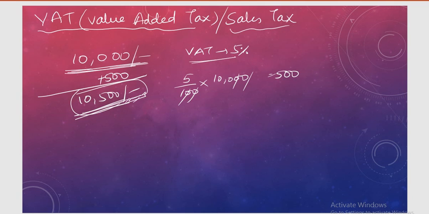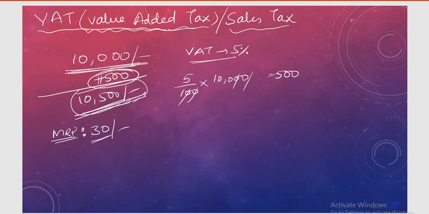Whether it is an electronic good or any item, if you want to purchase it, you need to pay an extra amount. This extra amount you are paying is what we call value added tax. You might have seen that MRP, the maximum retail price, will be on an item, let it be some 30 rupees.